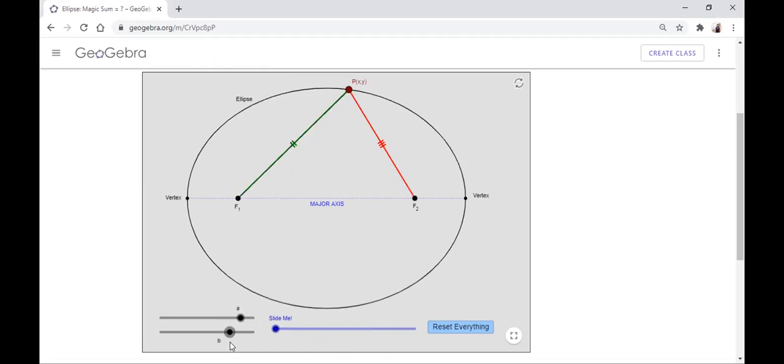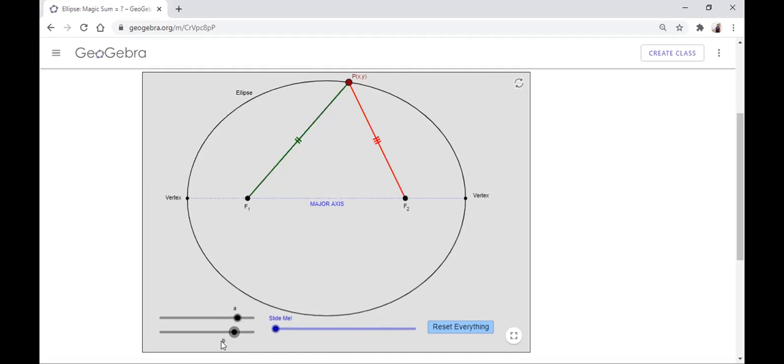Now two things you could have seen. First, for any point P on the ellipse, PF1 plus PF2 is equal to the distance between the two vertices. If I take the vertices as V1 and V2, then PF1 plus PF2 equals V1V2.